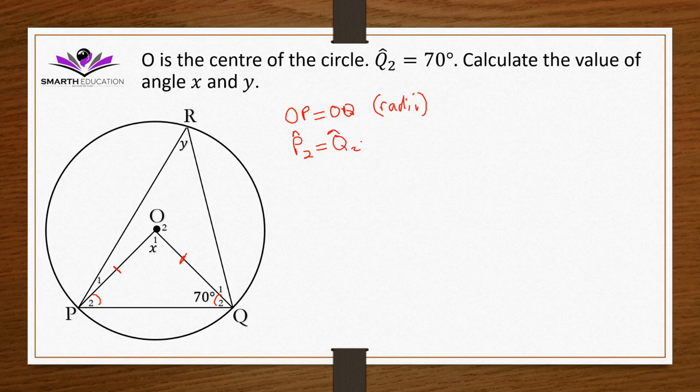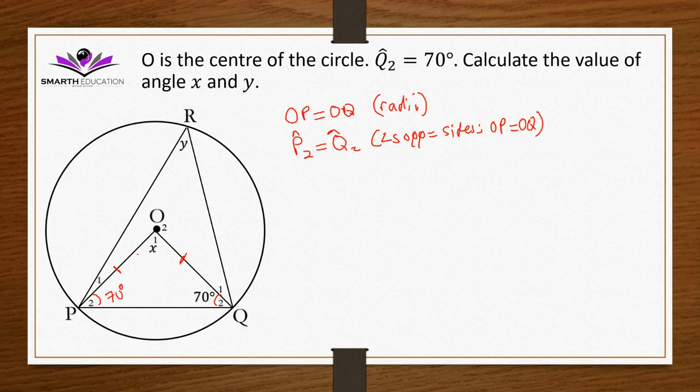Why? They are equal because these are angles opposite equal sides, since OP is equal to OQ. So it means if this is 70, this is also 70 degrees.